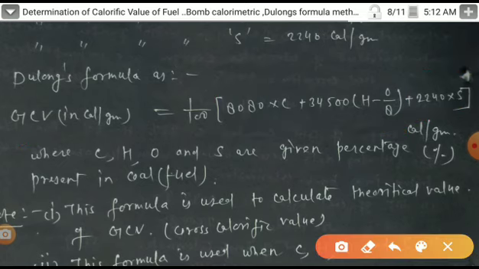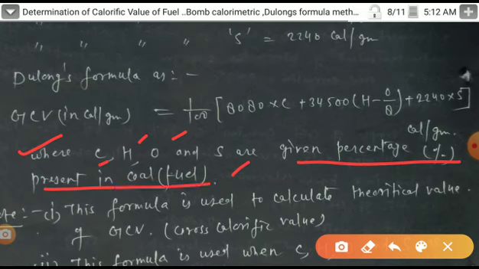So it is a formula that you can use to calculate the GCV, or gross calorific value of a fuel, where the percentage values of carbon, hydrogen, oxygen and sulfur are given.